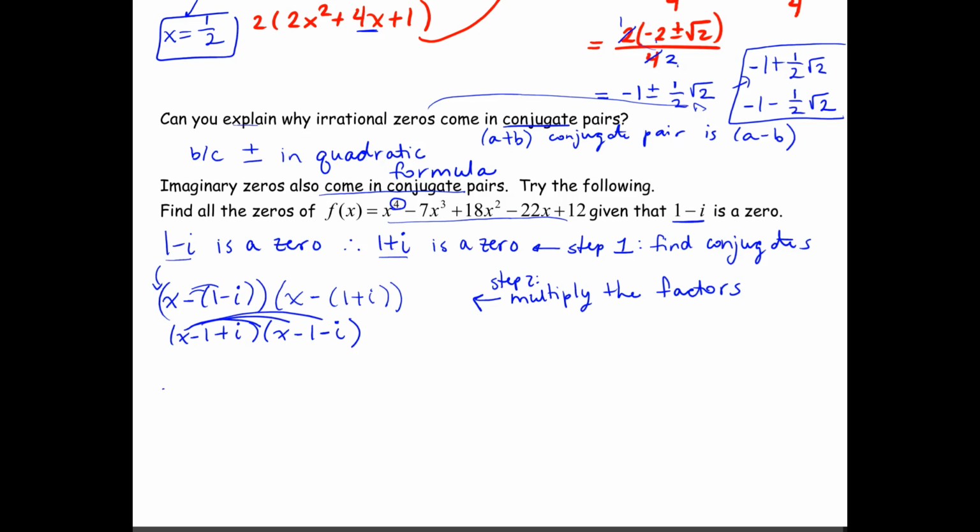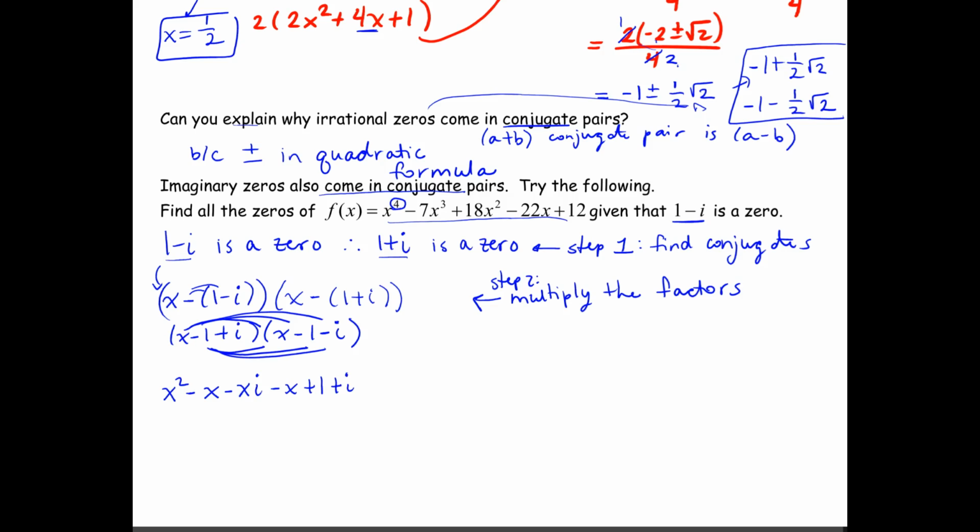So x times x gives me x squared. x times negative 1 is a negative x. x times negative i would be a negative xi. What would I distribute next? The negative 1. So I'm going to distribute the negative 1 to the x. I'll get negative x. Negative 1 times negative 1 is positive 1. Negative 1 times negative i would create a positive i.